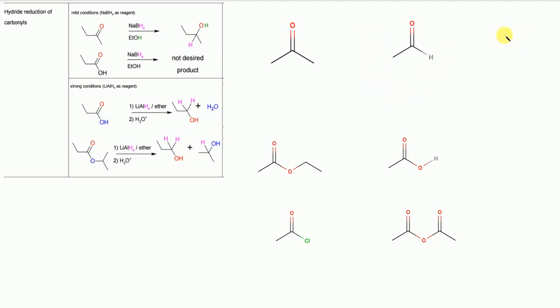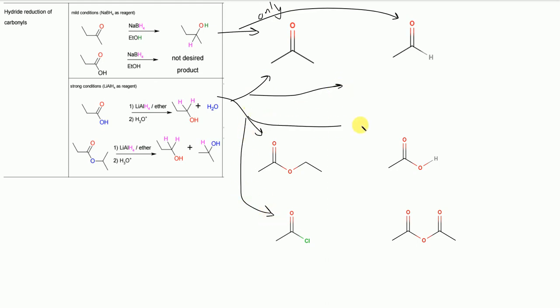It cannot attack the more complicated structures that I have on the bottom over here. So NaBH4 can only attack this guy and this guy. Okay, so only. And what you need to know about LiAlH4, they do the same thing, but this one can attack all these. Every single one, any variation of the carbonyl. So this one does everything.